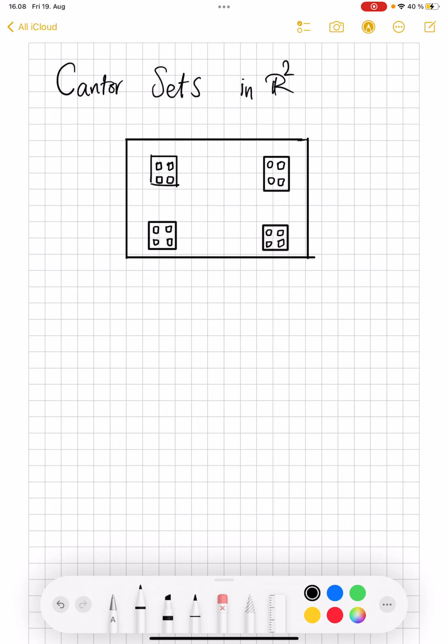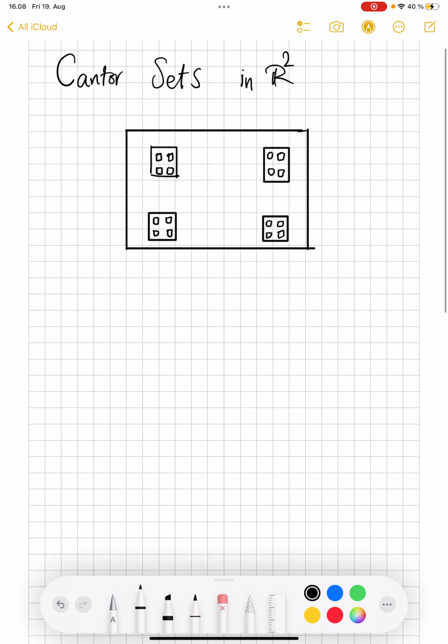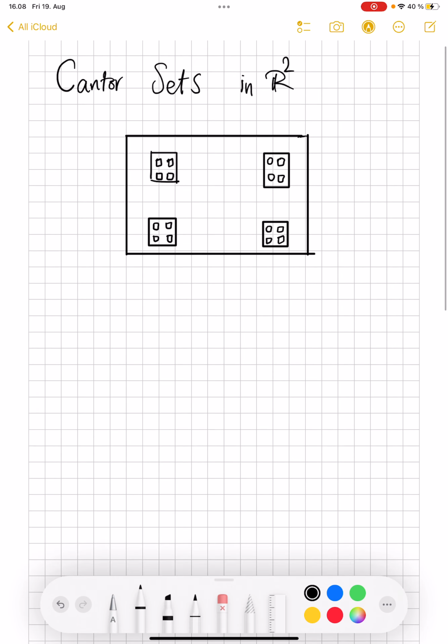And then inside each square, you repeat this. The Cantor set is the set that will be inside these tiny squares all along the way in the infinite reiteration of this process. So that's just to begin with.